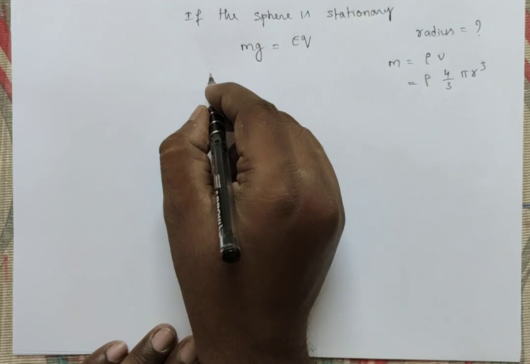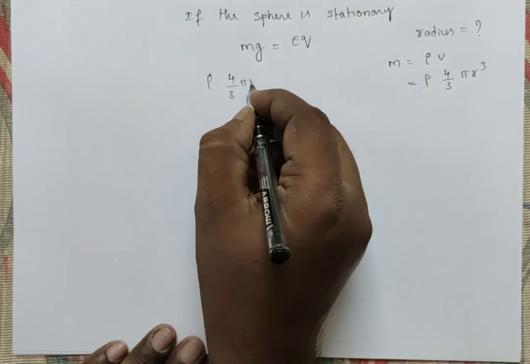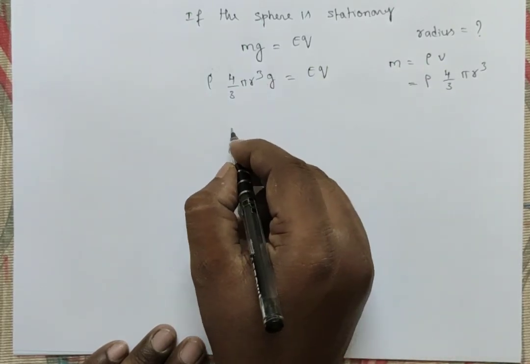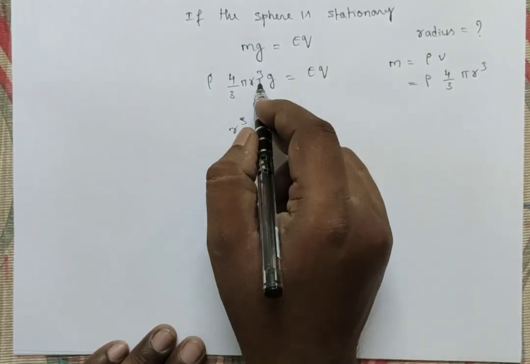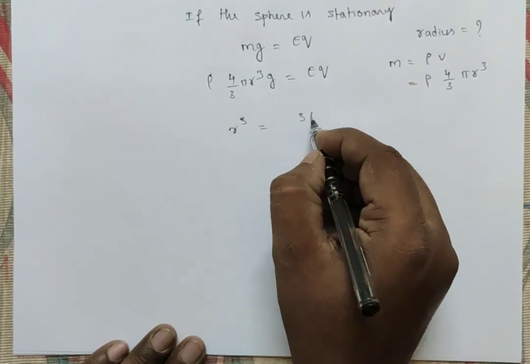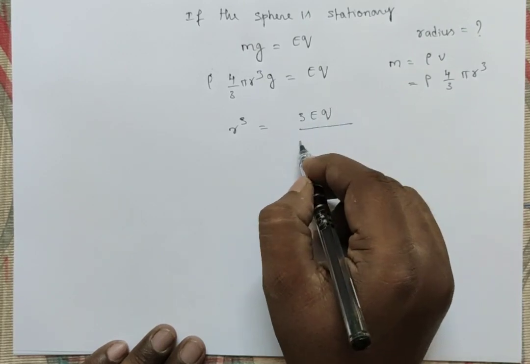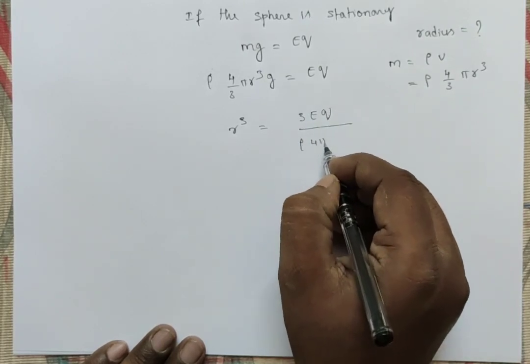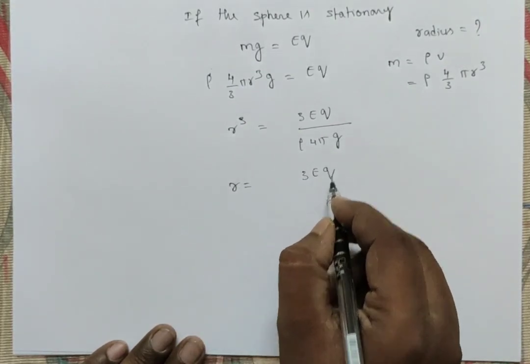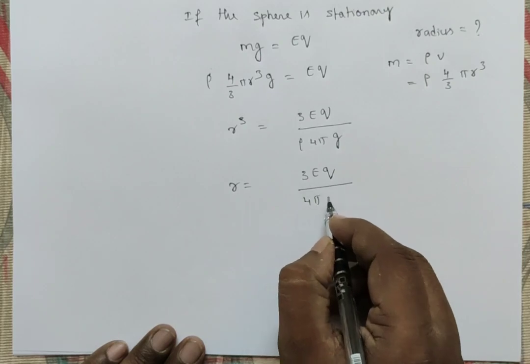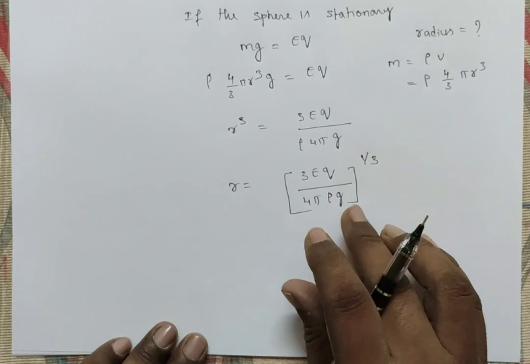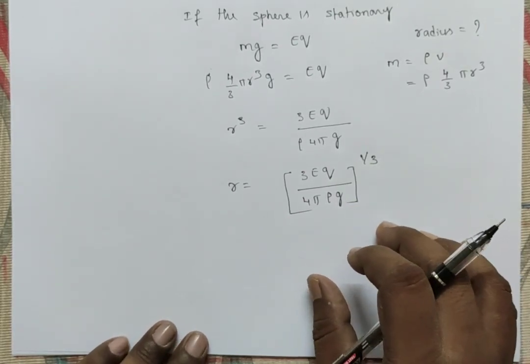Substituting, rho times 4 by 3 pi r cube times g equals EQ. Then r cube equals 3EQ by 4 pi rho g. So r equals (3EQ by 4 pi rho g) whole raised to 1 by 3. This is the radius of the sphere, so like this you can find the radius of the sphere.